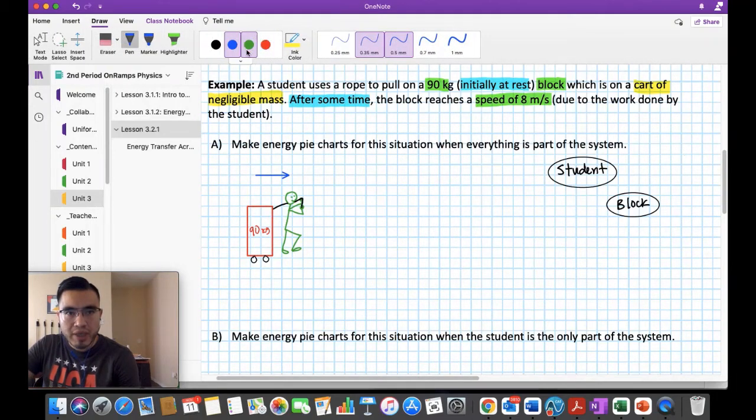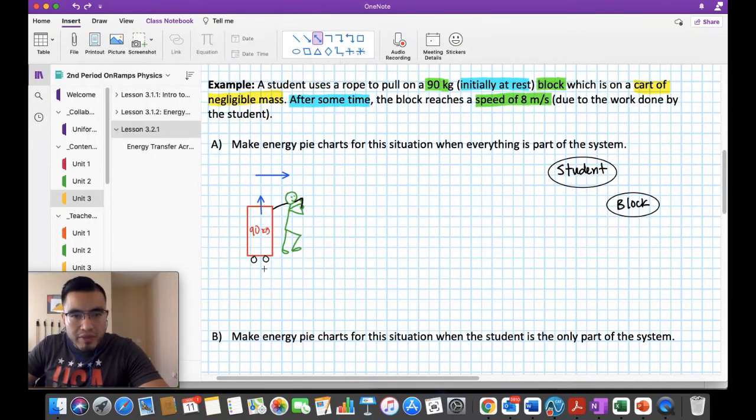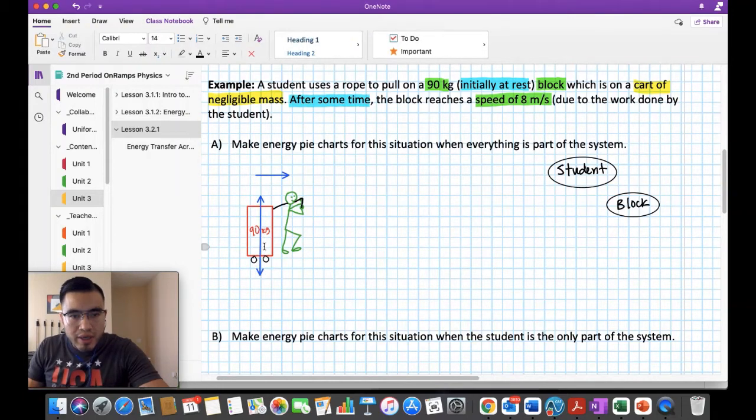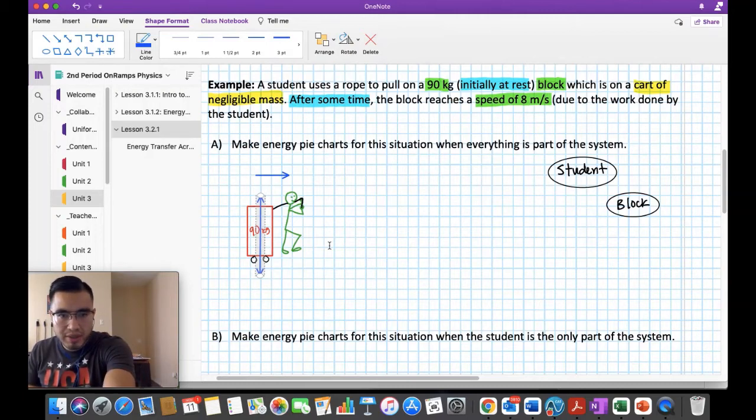But if you think about it, you have the weight of the block, and you have the normal force by means of the wheels pushing against the force of gravity, against the weight, and the net force on the y-axis is 0. Well, not the net force, right? But the summation of forces along the y-axis is 0 because it's not moving up or down.